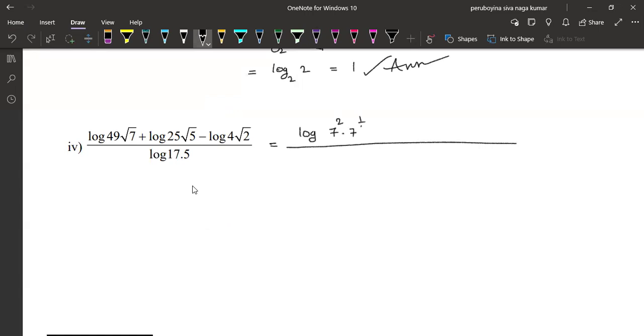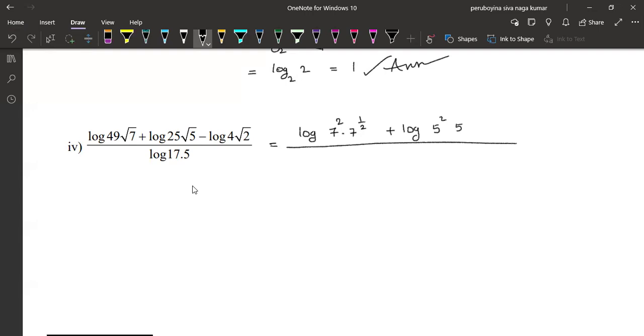Root 7, you can write 7 power 1 by 2. Plus log 25, you can write 5 square. Here you can observe that log has no base mentioned, means it has base 10.